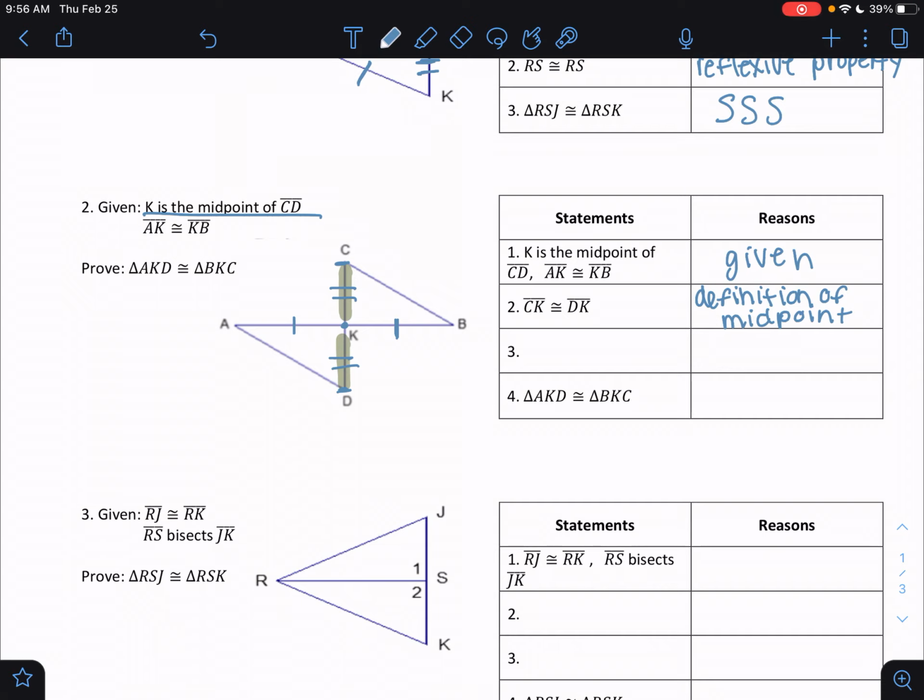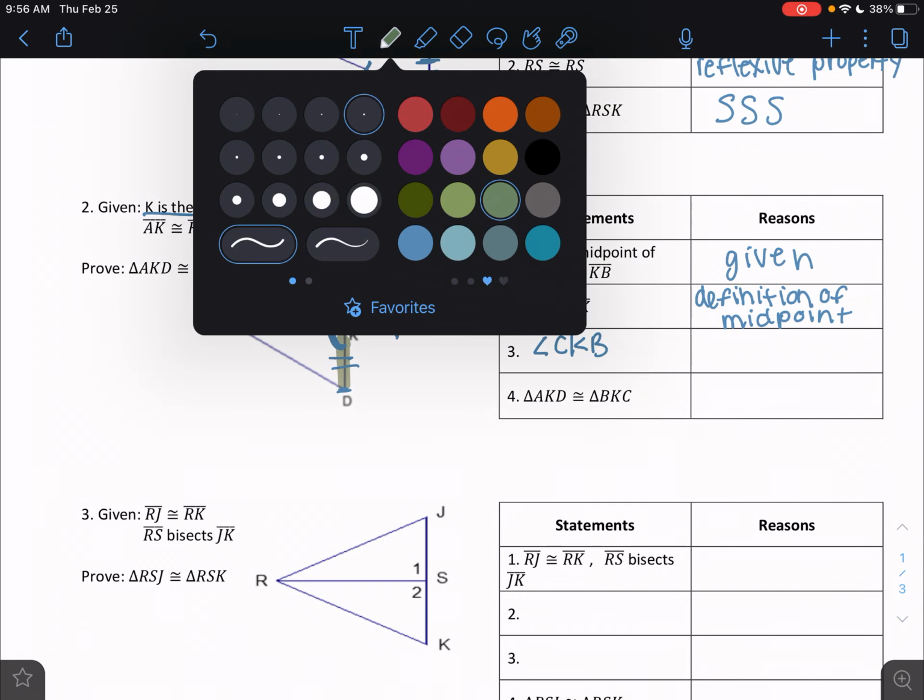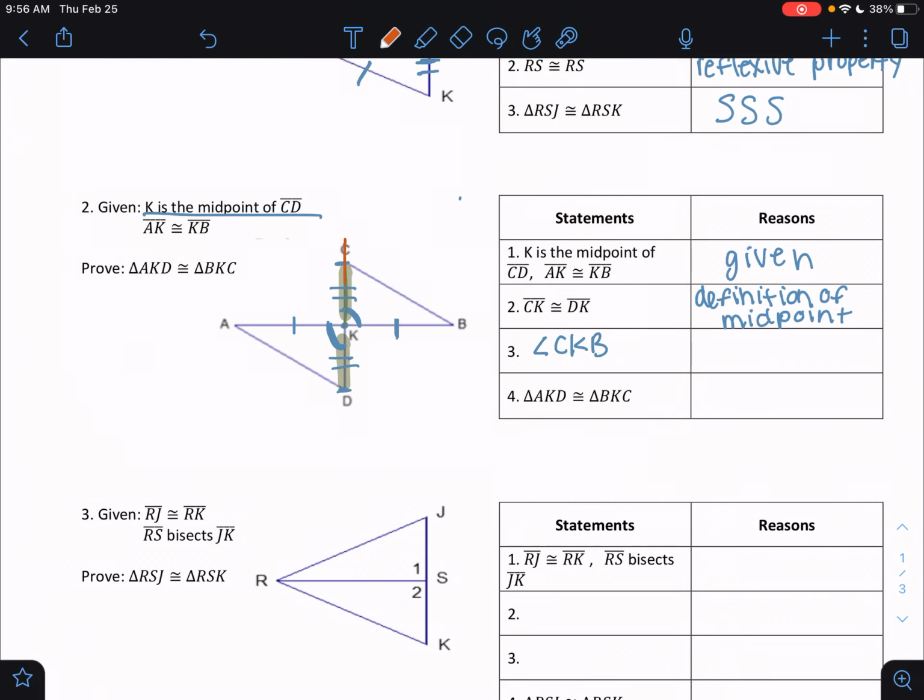Now, we need something else to prove that this is congruent. We know it is, but we need something to prove it. So one thing that I see here that we can prove is that this angle is congruent to this angle because they're vertical. So on number 3 for the statement, we're just going to write what congruence we marked here. So we marked that angle CKB is this one.